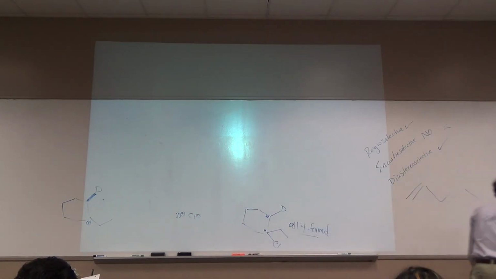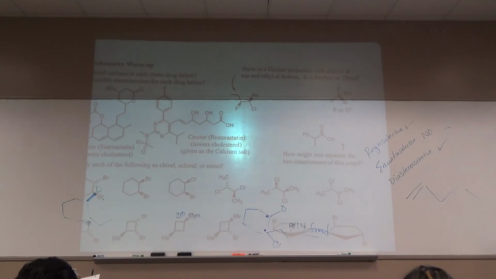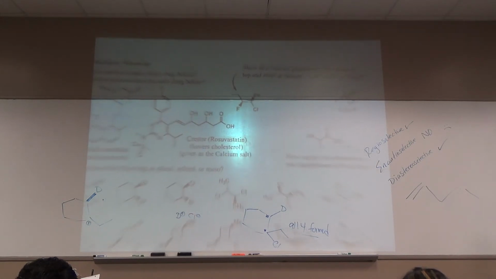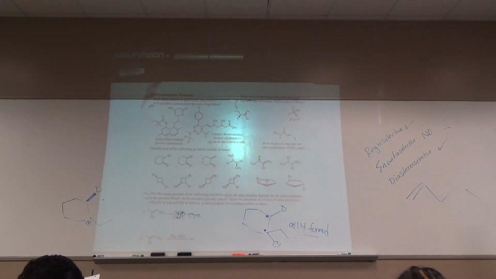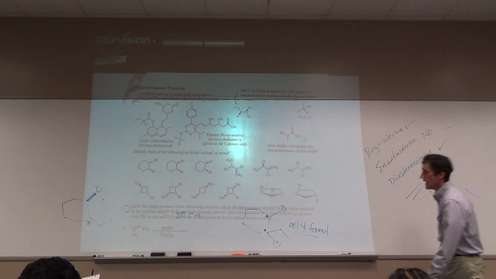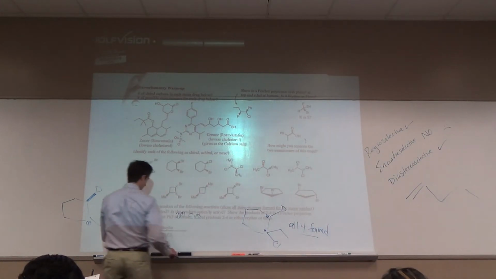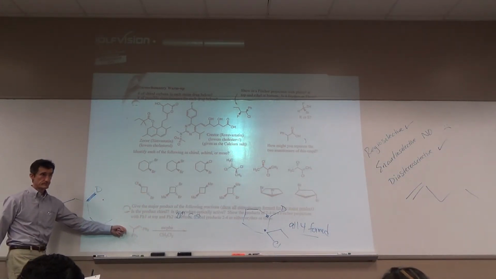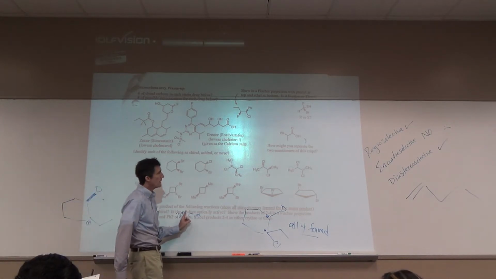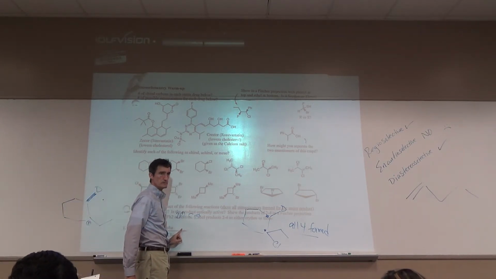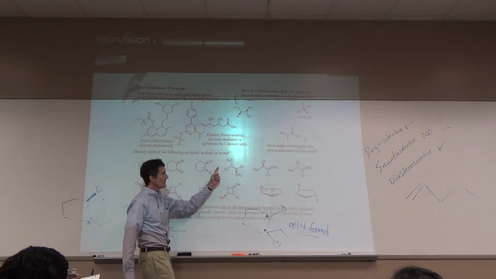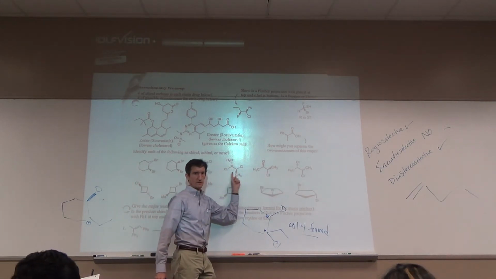Let's work one here. Stereochemistry. At the bottom here, we work the first one. Before we do that though, let's do one up here real quick, because I don't think we did these three in class.